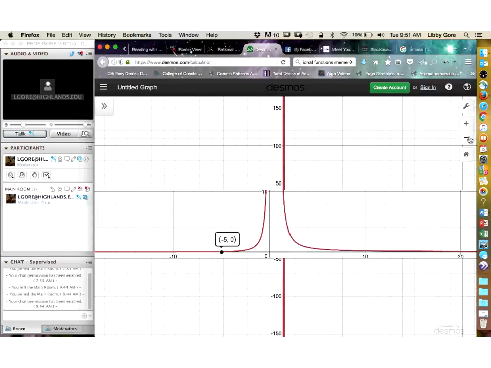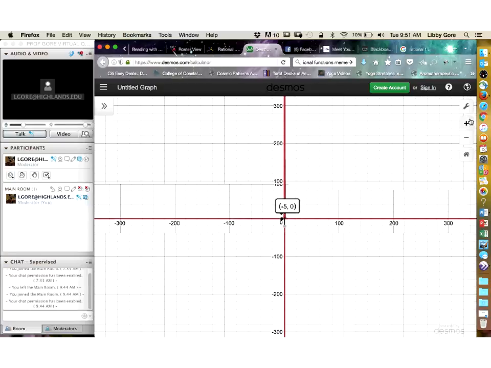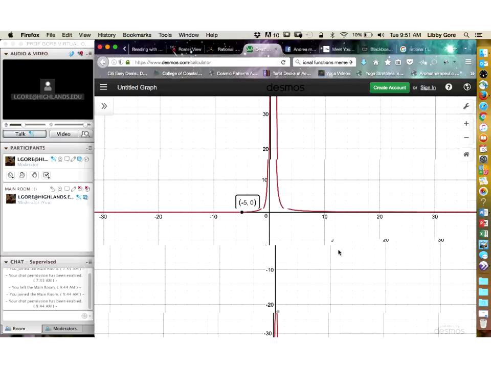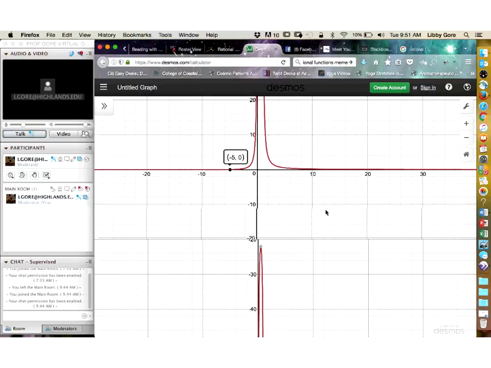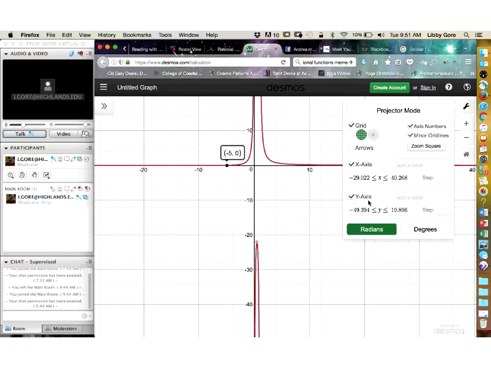Let me just zoom out a little bit and see if we get a different picture. Okay, all right. Nope. Oh yeah, I didn't see that bottom part there. So here is our vertical asymptote at x equals 0. We also, let me play with the x-axis here a little bit.